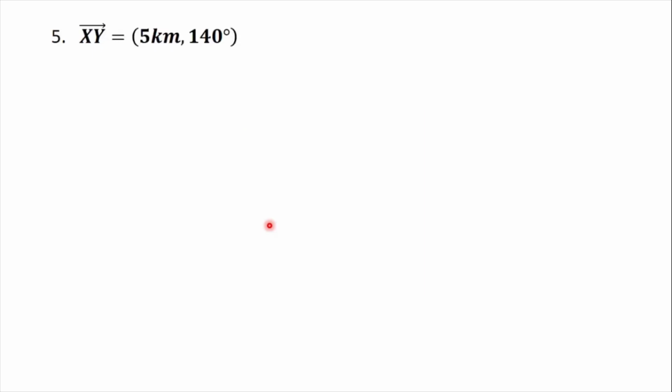The next example given to us is in the magnitude bearing form. Now if it's in the magnitude bearing form, you are going to draw the diagram for this bearing, 140 degrees. We've done a lot of this in the video on bearing, so I'm going to go straight away and draw the diagram. So 140 degrees, we are moving from X, so this is our starting point.